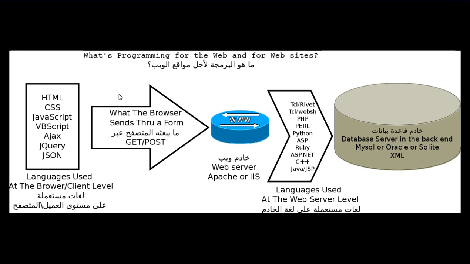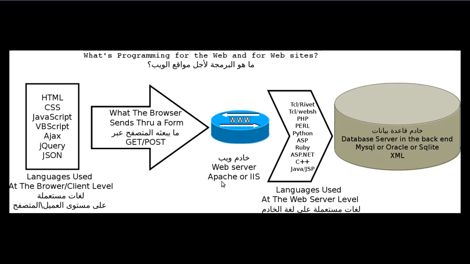Okay, in this arrow, it can send some data. So between the browser and the web server, this server can be on your machine or on a remote machine away from you. Now the default is that this server is a remote machine and has the software that serves the web.